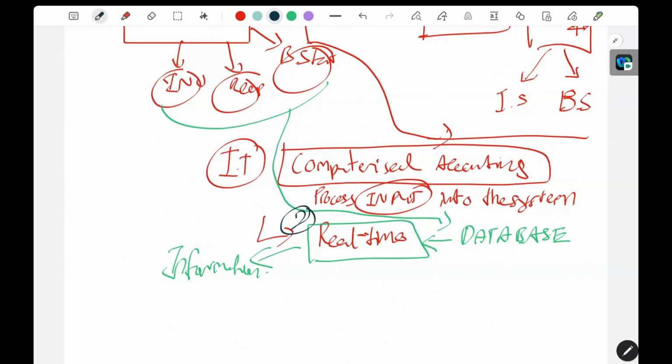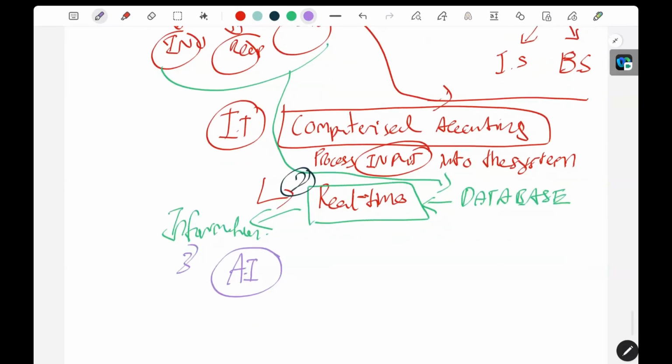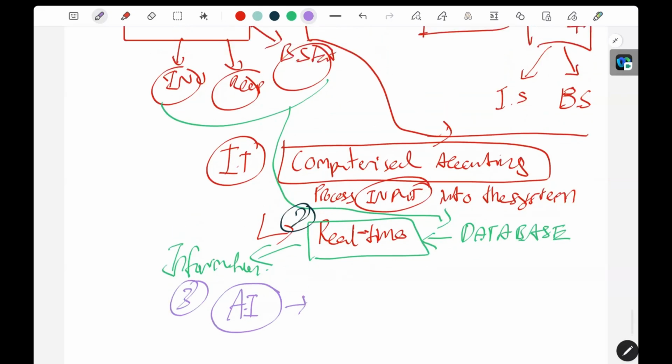Now, the new generation, we come into the AI generation, right? Everything's empowered by AI already. So with number three, AI, before going to this one, let me just highlight this one first.